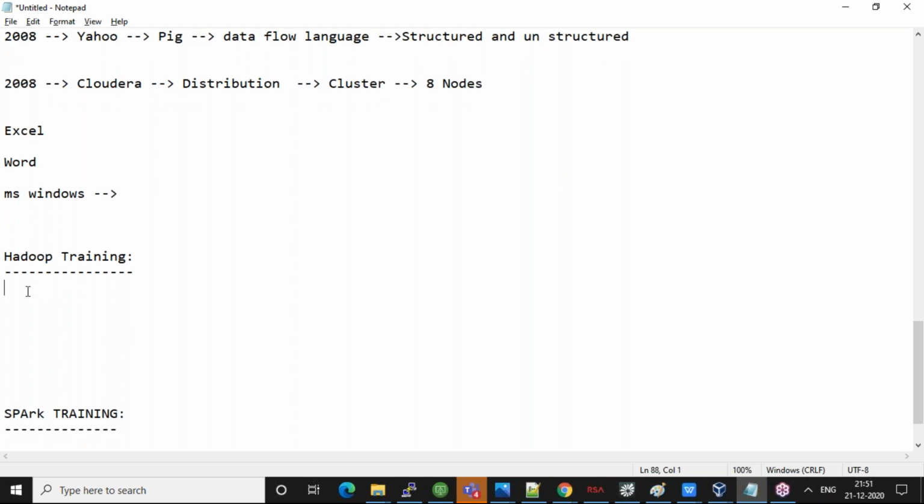In Hadoop, what are all the components I want to cover? First one is Linux commands. Second is HDFS commands.